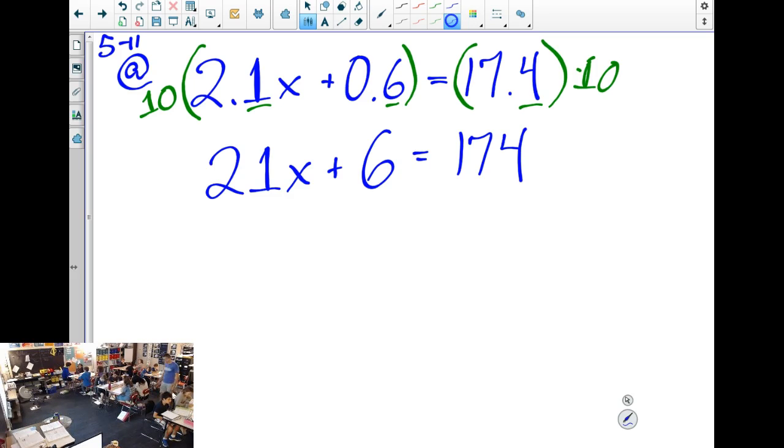Start with the original. Guys, I cannot state it enough how important it is to start with the original equation that's in the book or on the test or whatever you're looking at. Write down your original. If you write it down a step or two in, if you've already done stuff in your head, you are just begging to start making mistakes as we get into harder and harder concepts.